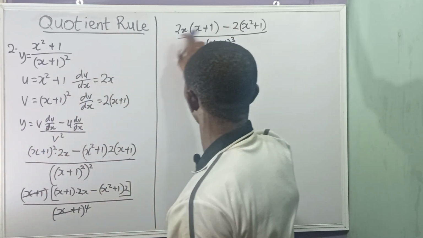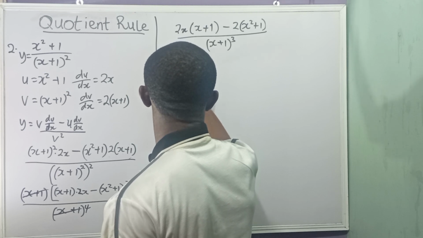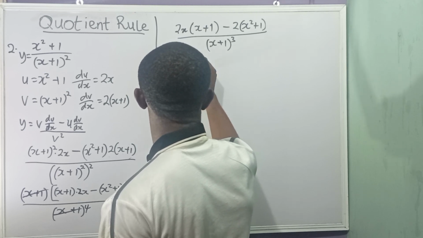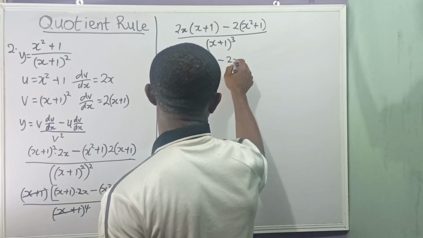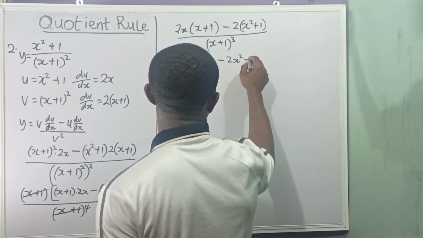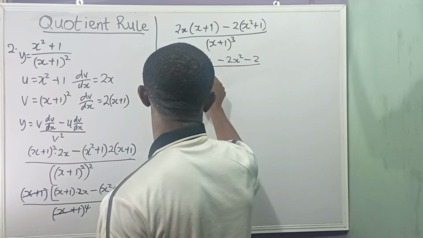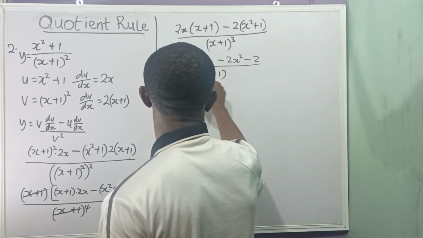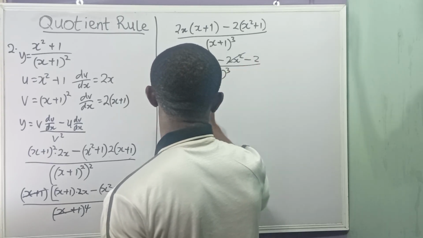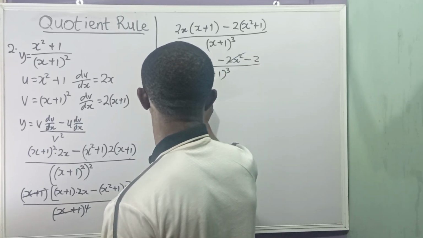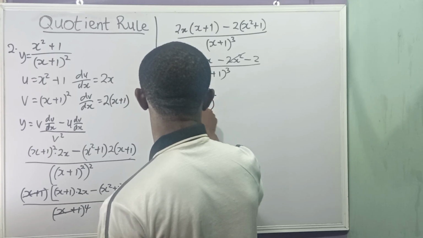Now expanding this, we have 2x squared plus 2x minus 2x squared minus 2 all over x plus 1 raised to power 3. So 2x squared cancels 2x squared, leaving us with 2x minus 2 all over x plus 1 raised to power 3.